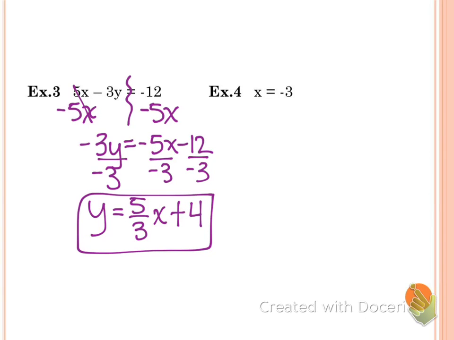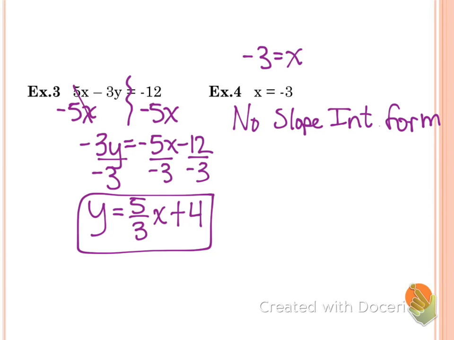So really, there's no slope-intercept form for this one. There's no other way to rewrite this other than really to put the negative 3 on the other side, but that doesn't change anything. We cannot put a y in there. There's not a possible way to write that equation with a y.